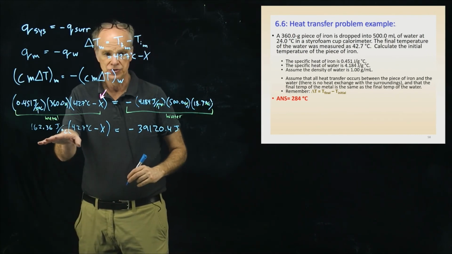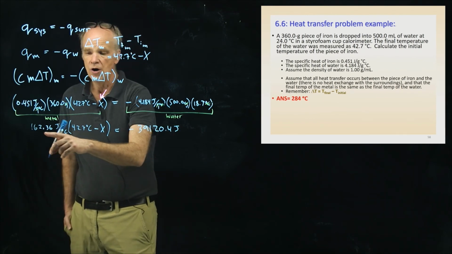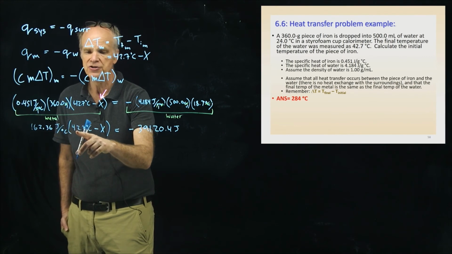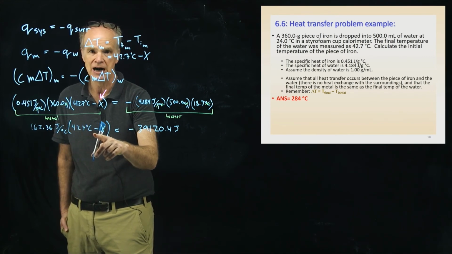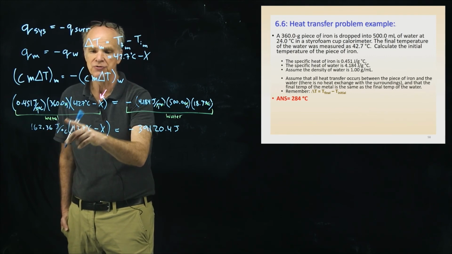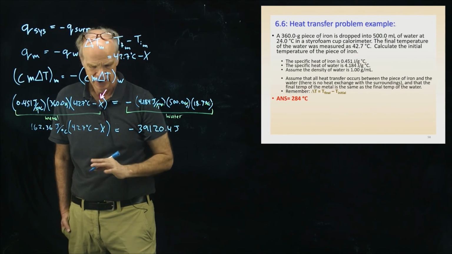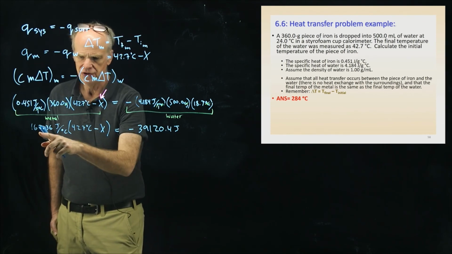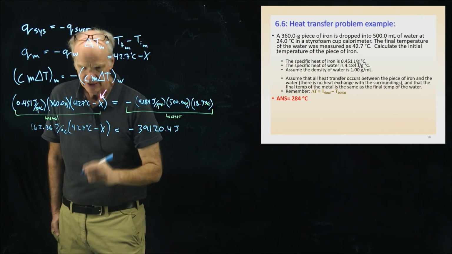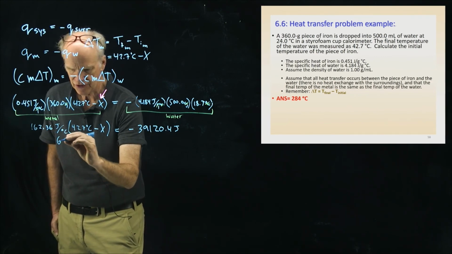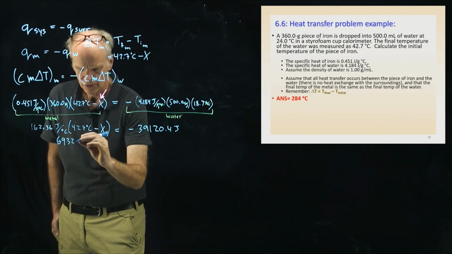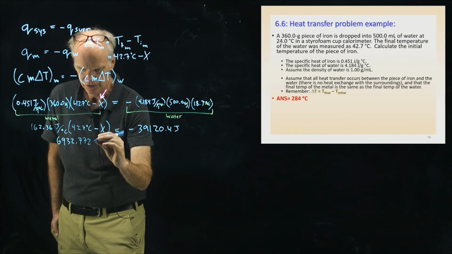Okay. Now let's keep going here. Let's go back to the metal side of the equation. What we have to do is multiply 162.36 by 42.7 and then also by negative x. So we distribute 162.36 with 42.7 and negative x. So what I got is 162.36 times 42.7 is 6932.772.